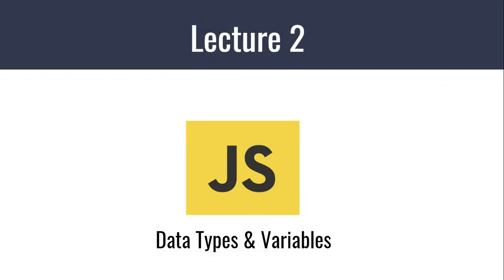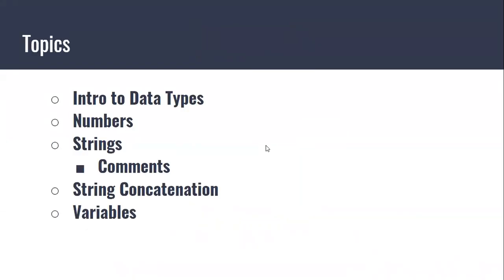We've looked at console logging and working with the browser itself, but we're going to start to look at some more syntax a little more closely. So we're going to do a little intro to data types, what they are. In JavaScript, there are all these concepts of types, numbers, strings, comments, concatenation, and variables. It's good to know for any programming language what these data types are before you start learning the language itself.